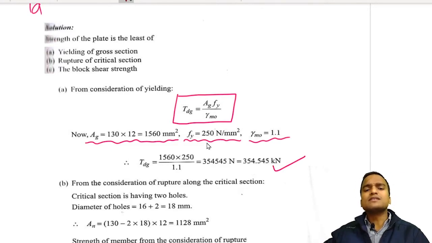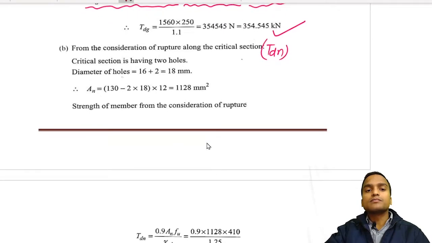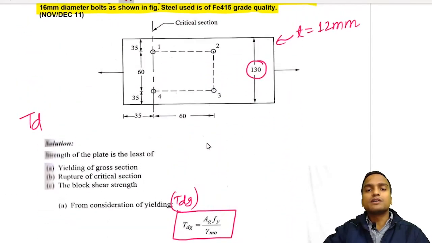Now let us consider the rupture along the critical section. In case of Tdn we have to calculate the net sectional area, and in our figure, this one is the critical section, passing through bolt holes 1 and 4.